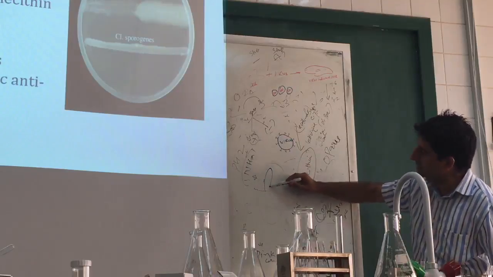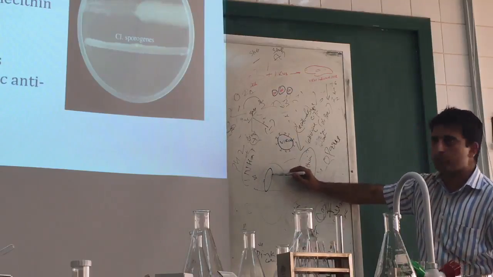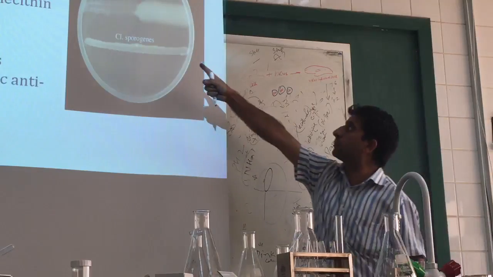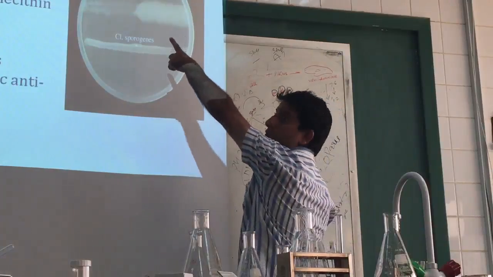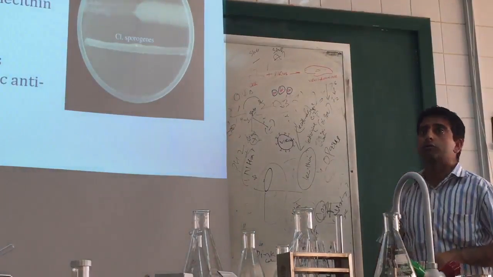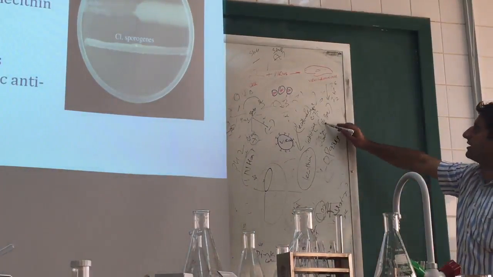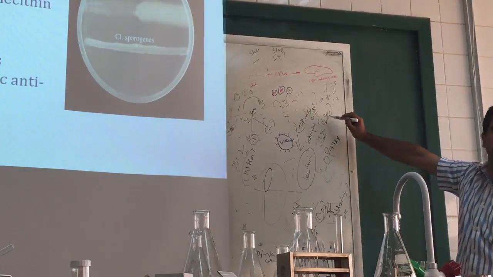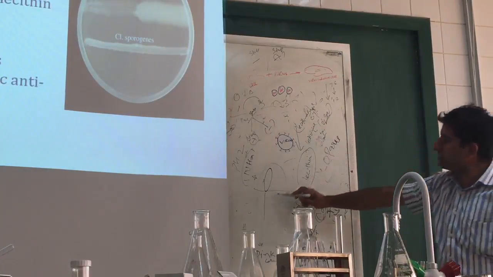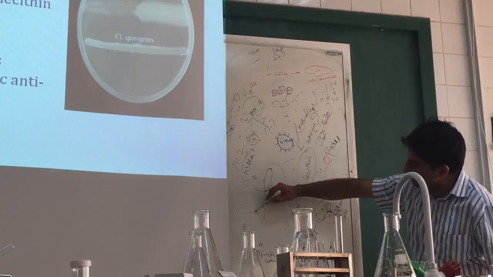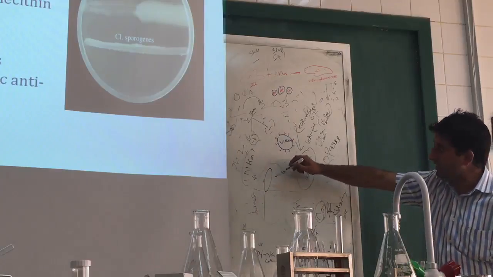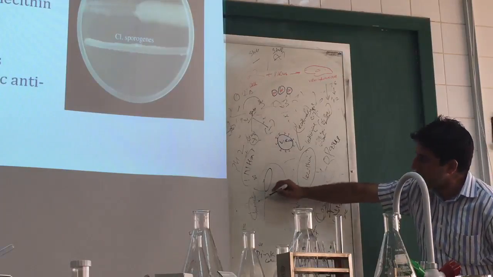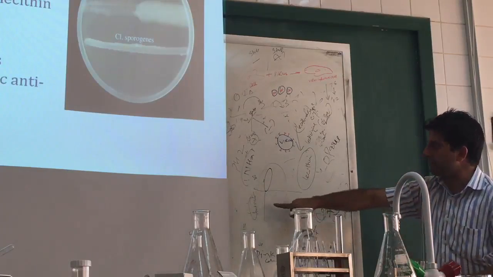From this side the structure is like this. Lecithin is broken down, but on this side it is not broken down. Why? Because we have added the antitoxin. To the left we have added the antitoxin against this lecithinase enzyme or alpha toxin activity. So this means when there is an antitoxin on this side, when bacteria produce the lecithinase, it encounters it and stops it from affecting the lecithin.